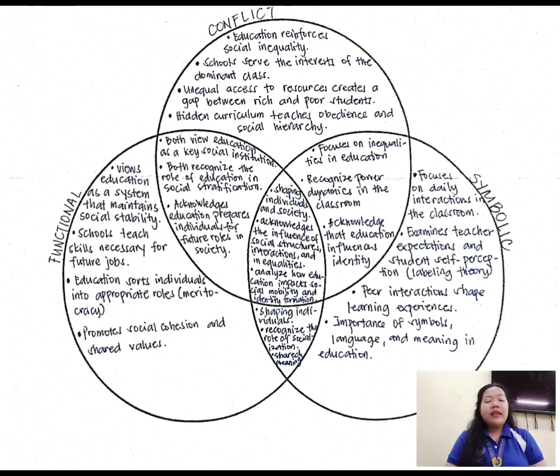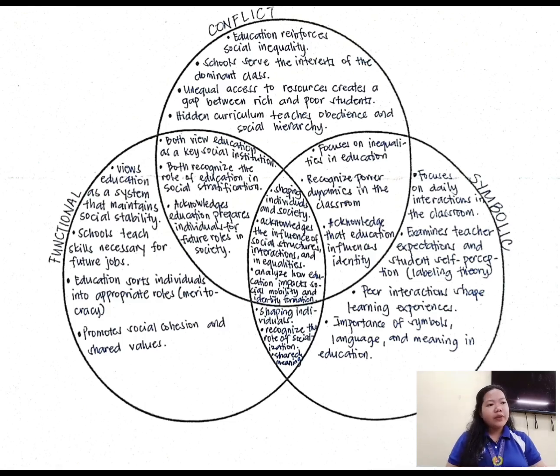So the last context in conflict theory in education is that the hidden curriculum teaches obedience and social hierarchy. So in here, beyond academic subjects, the schools also subtly teach students to follow authority and to conform to societal norms and accept their position in the social structure.